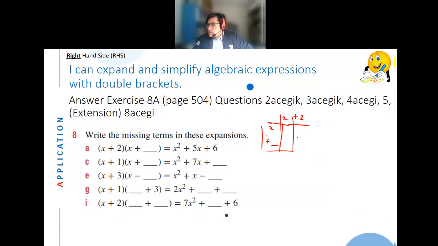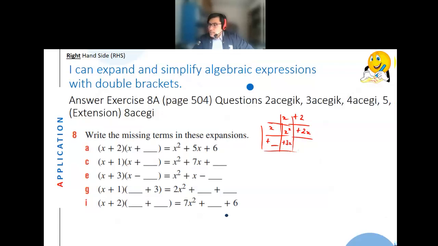So what do we have? We've got x squared here, right? So x times x gives us x squared. Next we've got plus 5x. This is x times plus 2, which gives you plus 2x. Now we want plus 5x, so that means this has to be plus 3x.